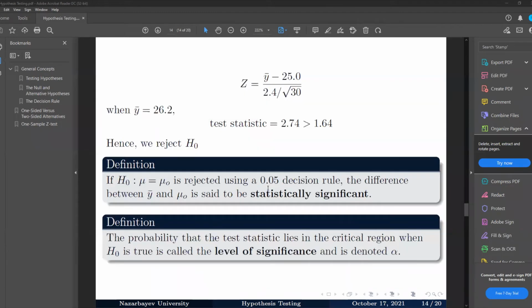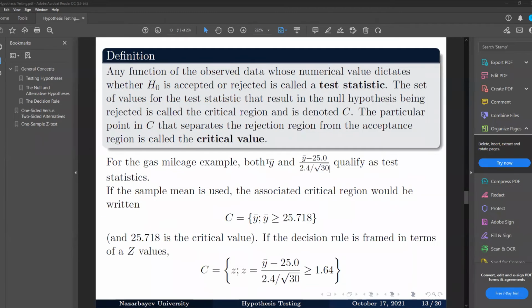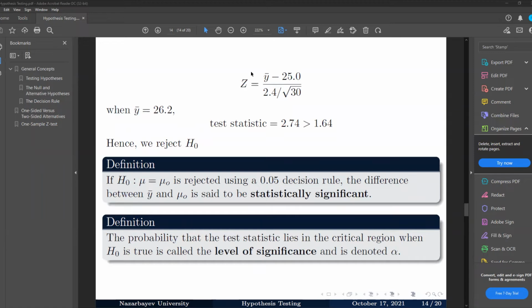So in our previous example, let's calculate our test statistic. Our test statistic is the normalized value of y bar. If we substitute 26.2 for y bar, our test statistic is 2.74, which is greater than 1.64, meaning that we reject H naught.